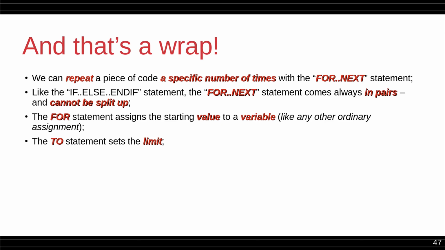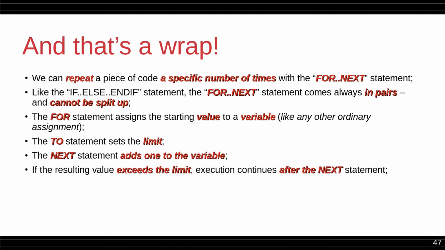Note that if you choose some crazy values for your starting value and your limit, for will not play along. It will not execute anything until after next. The next statement will first add 1 to the value of the variable. If the result exceeds the limit, the code after next will be executed.